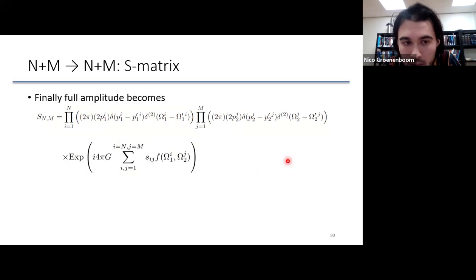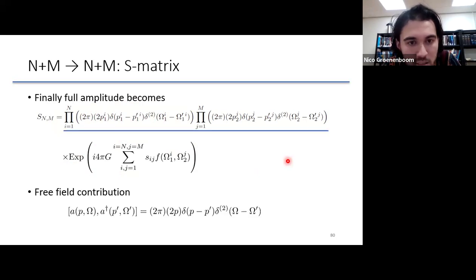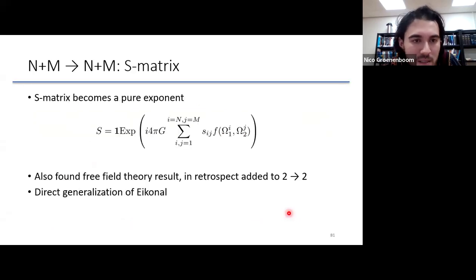Now, in this expression, we can recognize the free field contribution using the commutator. This is something that we only noticed at this stage, but we can find the free field contribution explicitly. So we can use this commutator to write down the S matrix in terms of the free field one, and again, it becomes a pure exponent.